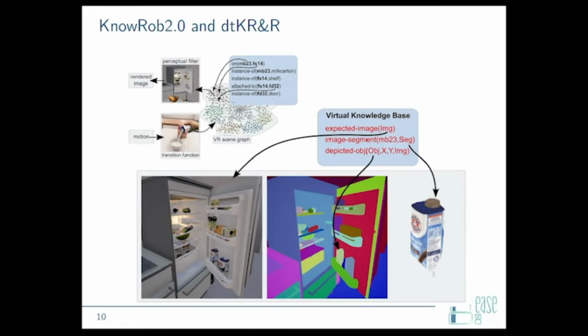And this image is bound to the symbolic name image, right? And the robot can then access its expectation in the visual domain by just accessing this symbolic expression, right?